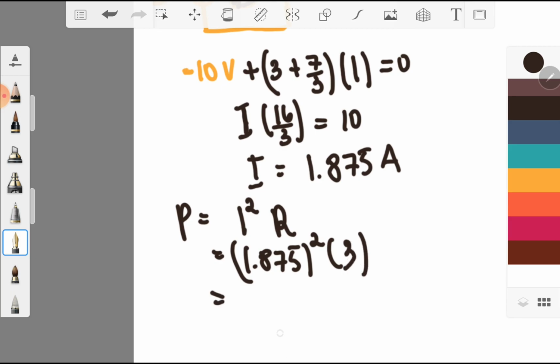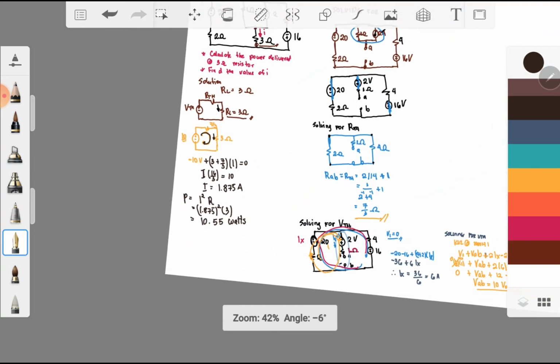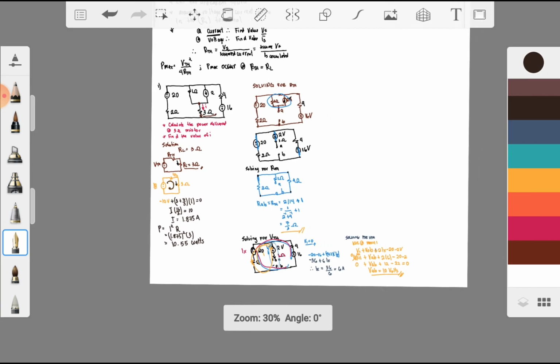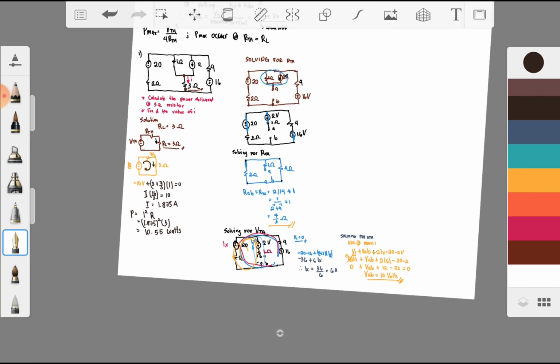So 1.875 squared times 3, we'll have a power equal to 10.55 watts. So this is the answer.